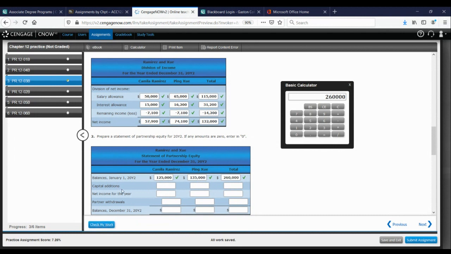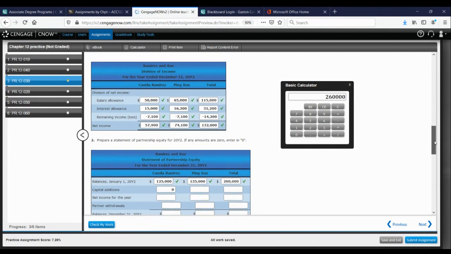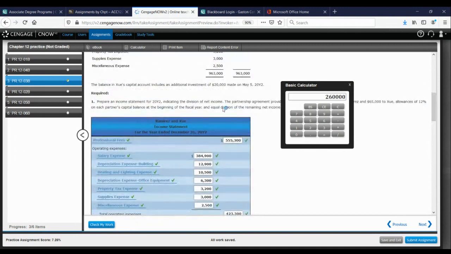To that, we're going to add capital additions. Remember, during this year, there was no mention of any additional investment for Ramirez, so that's going to be 0. For you, they told us that they had additional investment of $20,000.